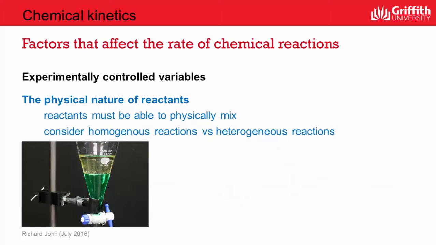So, for example, the chemical reaction between reactants dissolved in these two different liquid phases would be limited to the contact area between the two phases. And it would be normal practice to thoroughly shake this reaction mixture in a separating funnel such as this to ensure that we maximize the contact between the two reactant phases and therefore maximize the rate of reaction.